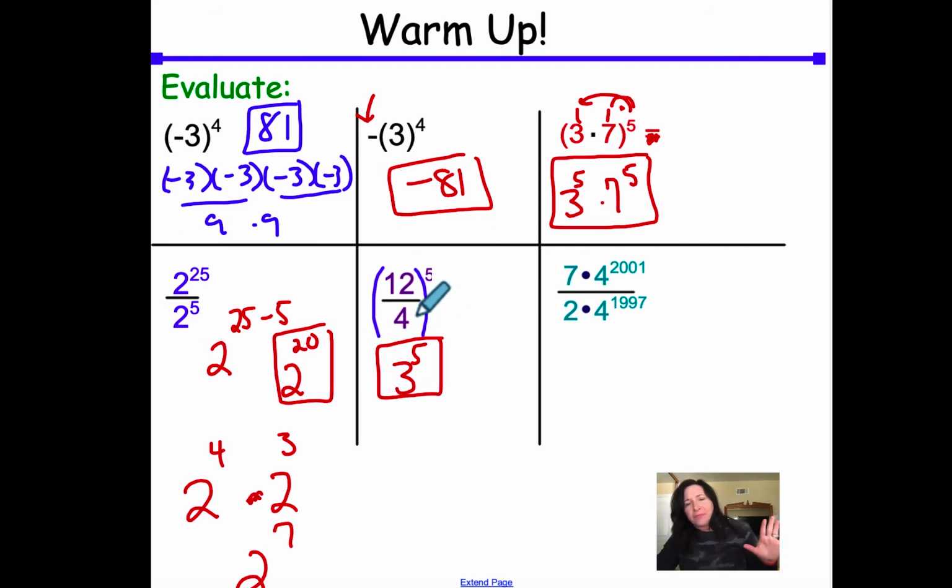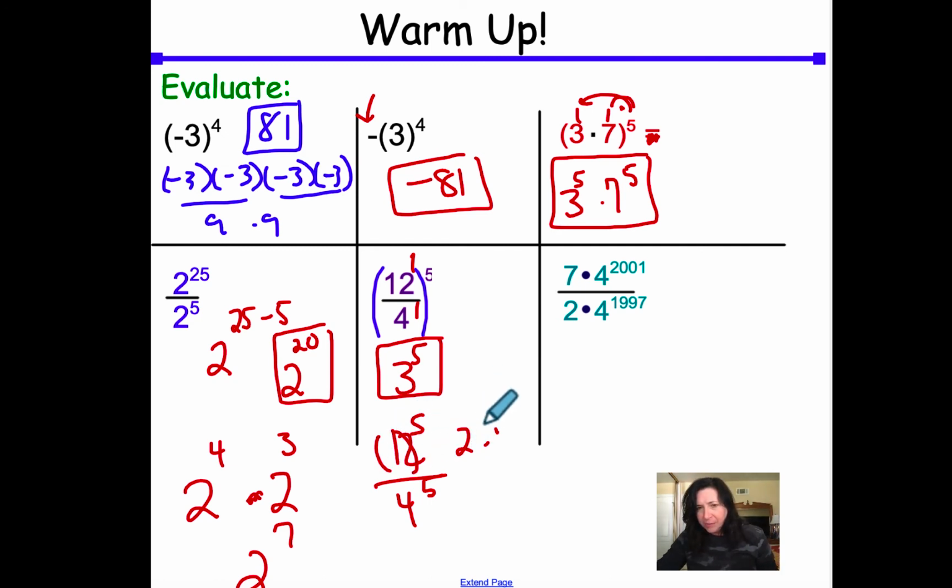However, just a note, you could have done it like this. You distribute, again, that 5 to both the top and the bottom. So that's 12 to the 5th power over 4 to the 5th power. And realistically, I could have taken this 12 and split that up to be 3 times 4.